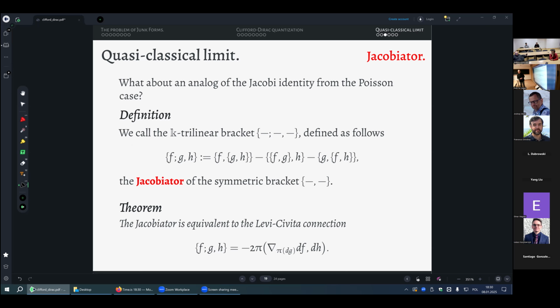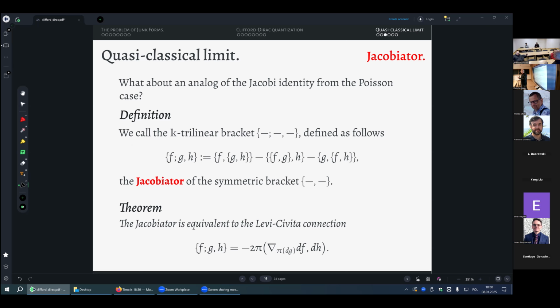Okay. And then you remember, from the homological point of view, the Levi-Civita connection is the co-boundary of the Dirac operator. So it comes from the Dirac operator.